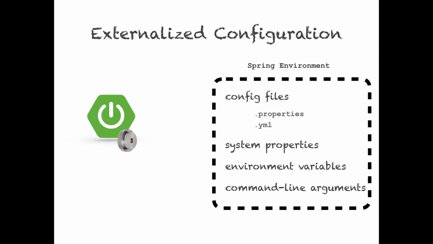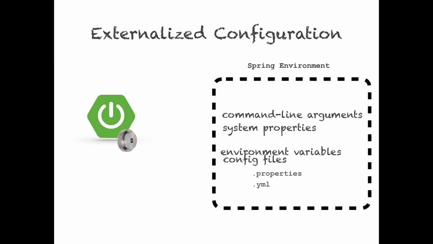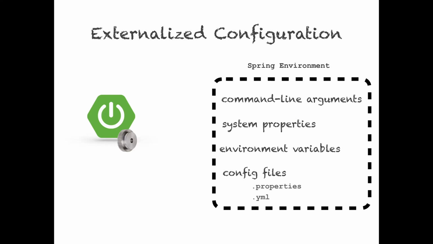If you're familiar with the Spring environment, you can do an environment.getProperty and get the property. But if you have a configuration properties class, those properties from the Spring environment automatically get bound to those configuration properties. These property sources are ordered.